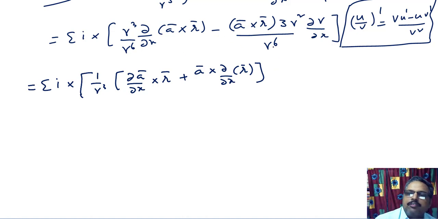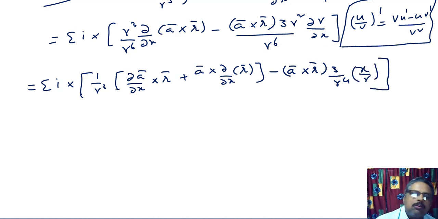Now this is minus a bar cross r bar into, here r square cancels, 3r power 4 into dou r by dou x, which we already discussed is x by r. Okay. Now simplification. Just differentiate using the UV formula. Here just replace the quantity.